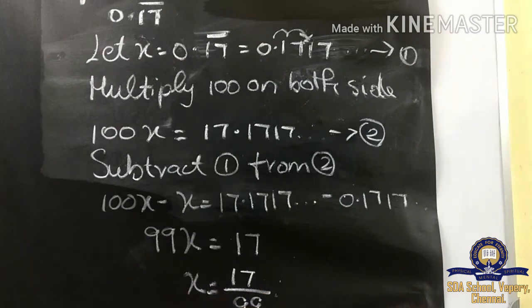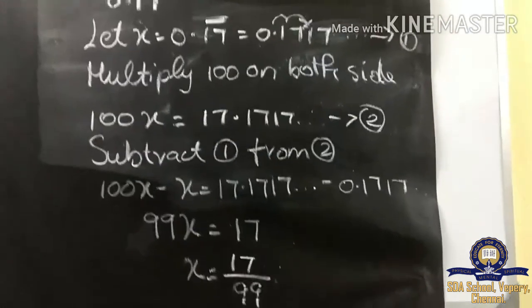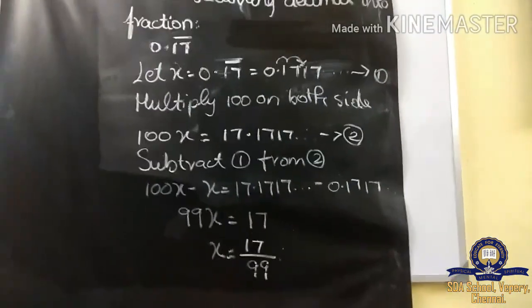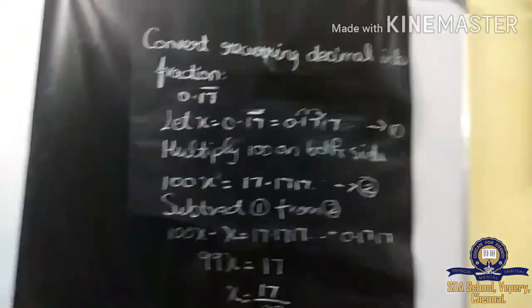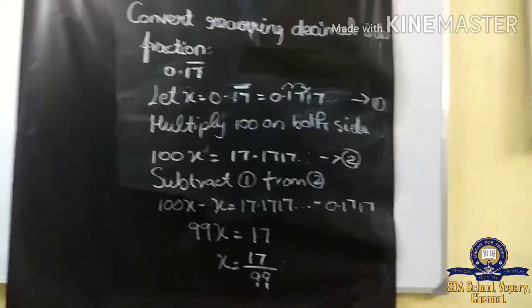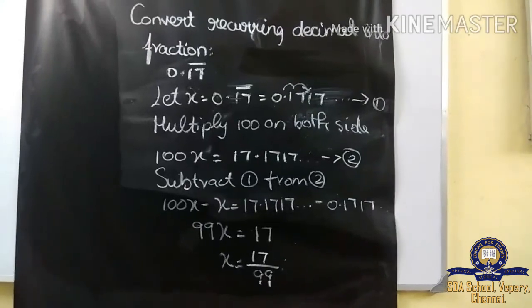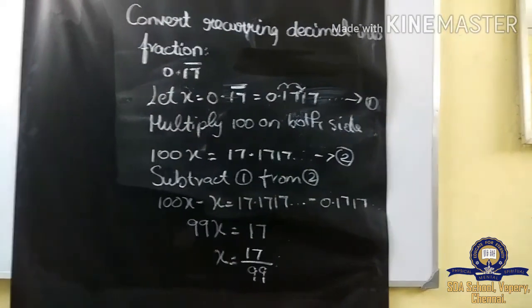Here you can see that we just converted this recurring decimal into a fraction.